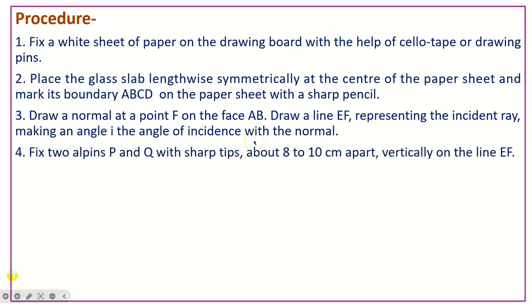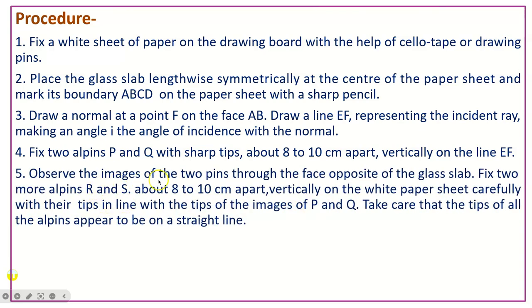You can also choose the points ABCD as you like and write in that way. Fix two alpins P and Q with sharp tips about 8 to 10 cm apart vertically on the line EF.